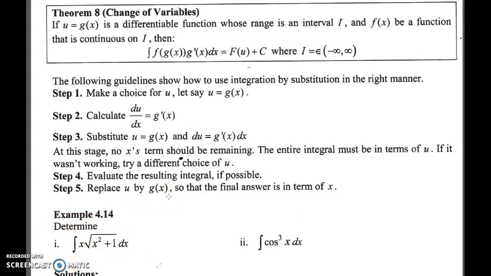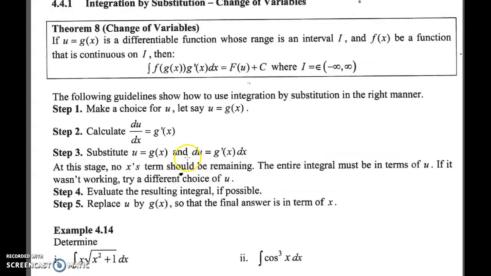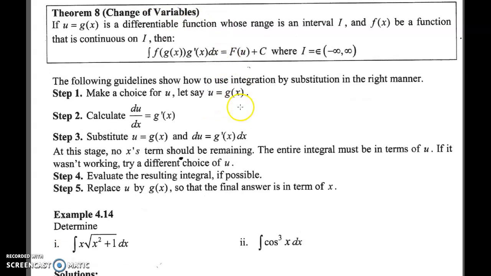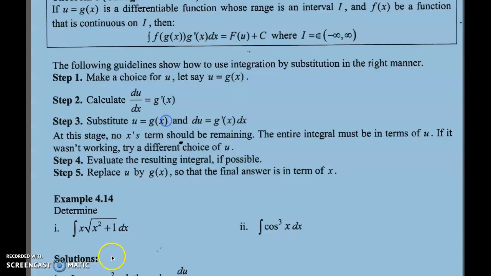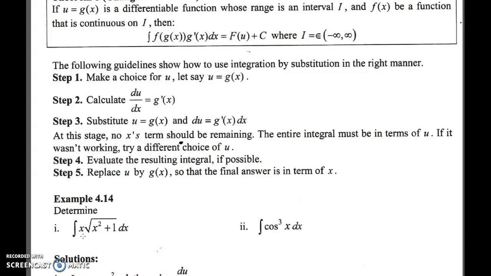To integrate it using integration by substitution, you are going to need to make a choice for U. For example, you have x times root x squared plus 1.